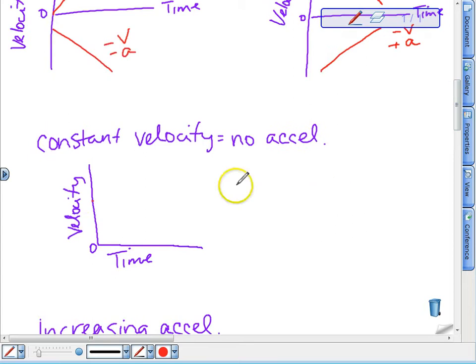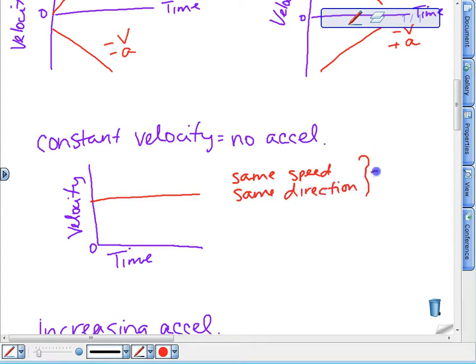A constant velocity means you're going the same speed in the same direction the whole trip. This means there's no acceleration.